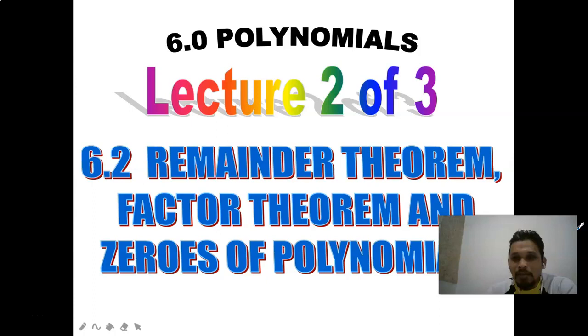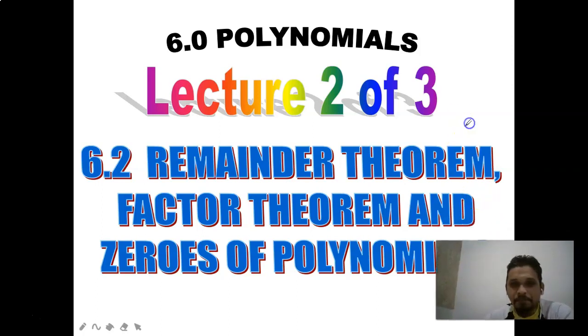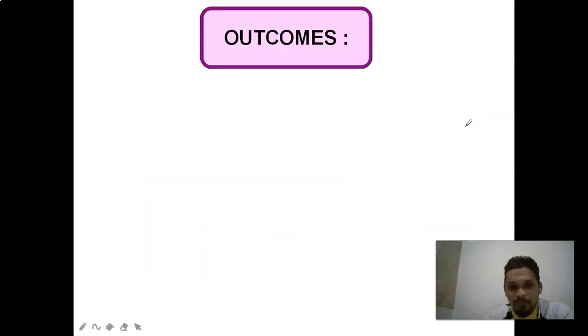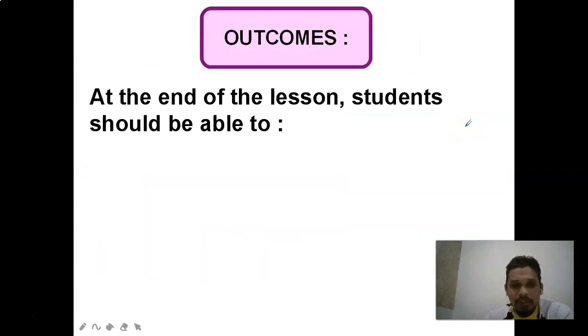Today we are going to continue our lecture session with lecture 2 of 3, topic 6 polynomials, 6.2: remainder theorem, factor theorem, and zeros of polynomial. Please refer to your lecture notes.